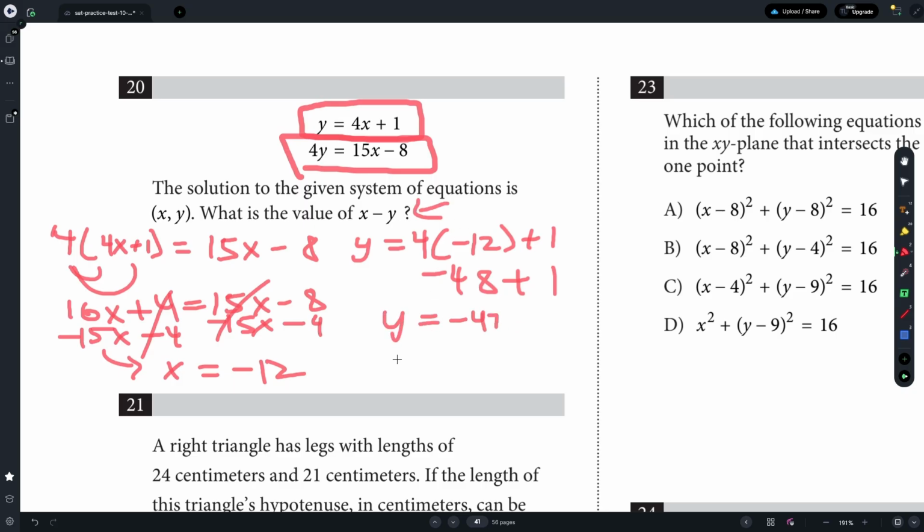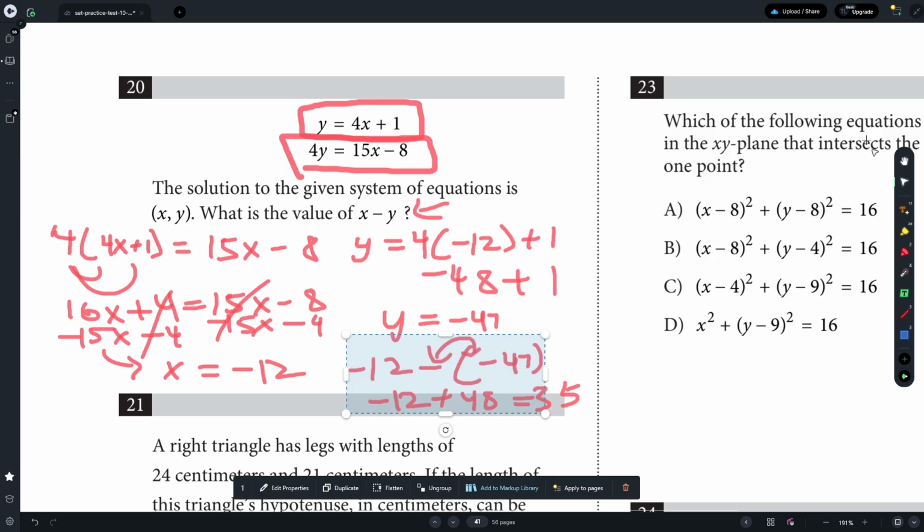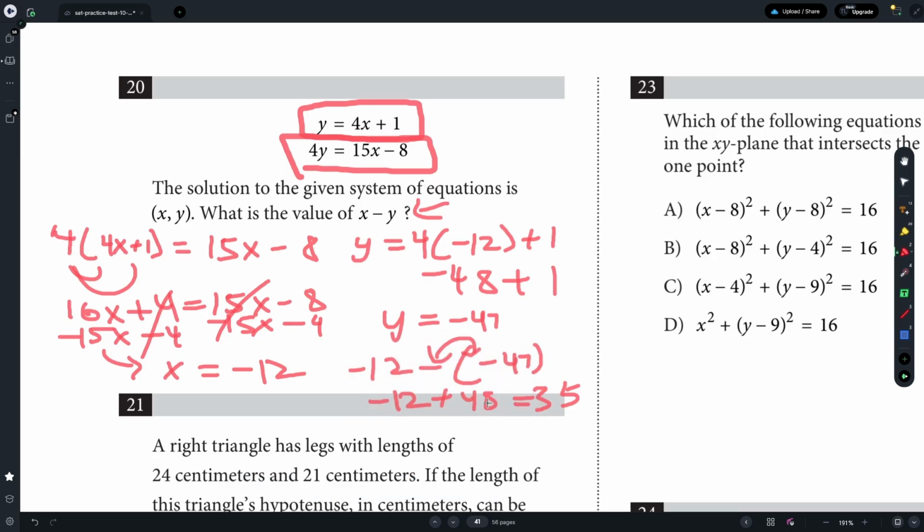They're asking for x minus y, which is just negative 12 minus negative 47, which would equal negative 12 plus 47, because two negatives make a positive. And that would equal 35, I believe. Oh, sorry, it is actually not 48 here. It's negative 12 plus 47. Yep, that would equal 35. So your correct answer is 35.